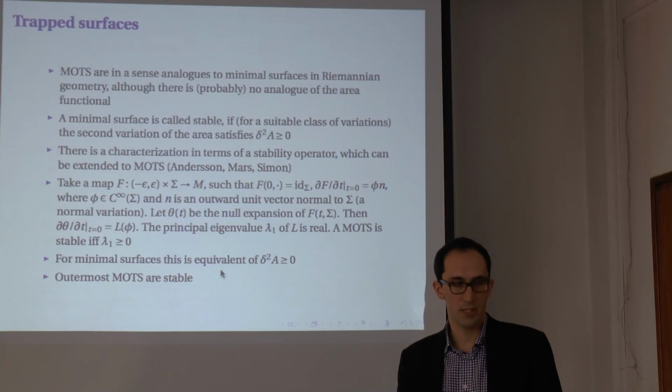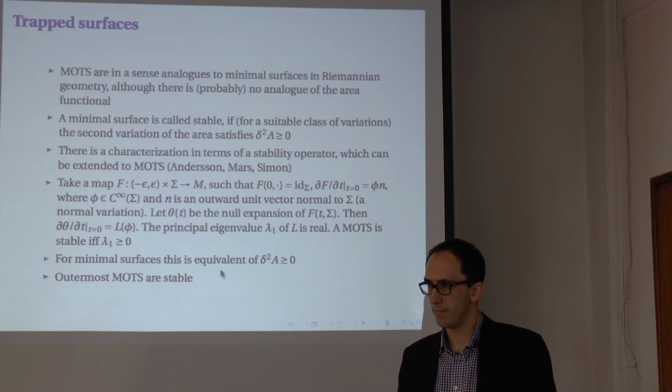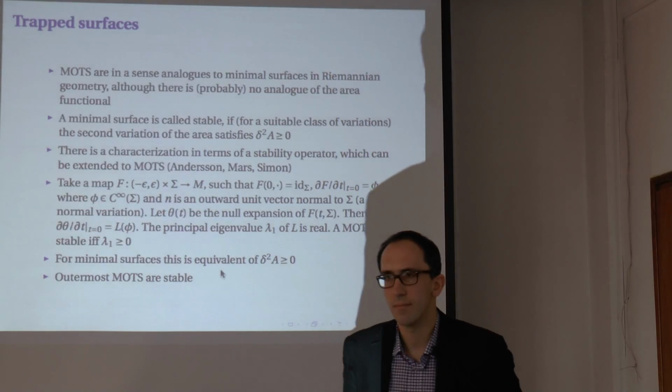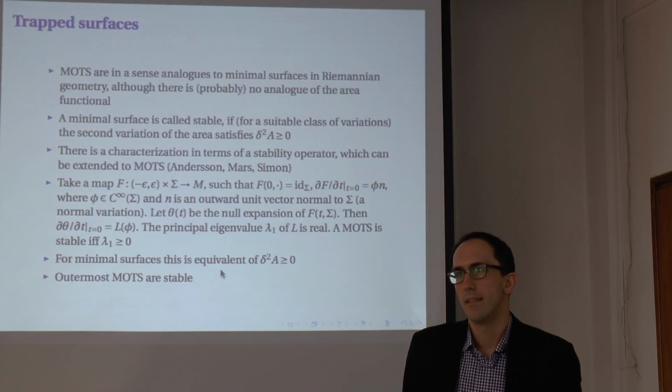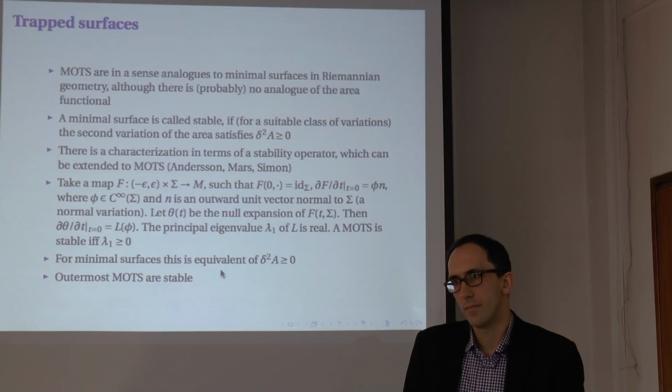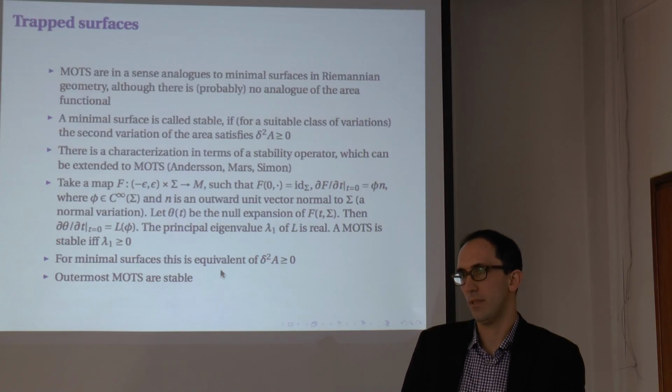So that works in that sense. Does it have much to do with the normal notion of stability? I would say so. If this operator in general has a zero eigenvalue, this means that you can somehow deform this marginally outer trapped surface and still retain the marginally outer trapped surface. So if this condition is satisfied, the surface is in a way locally unique, you cannot deform it. It's a unique surface. Okay, I buy it.